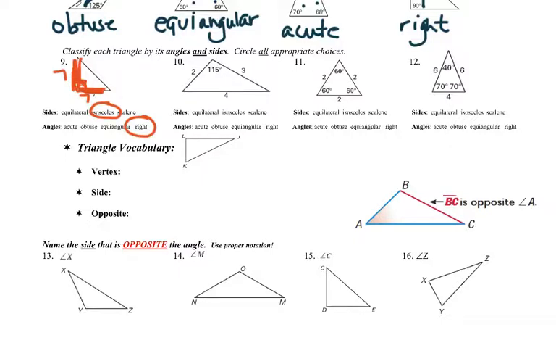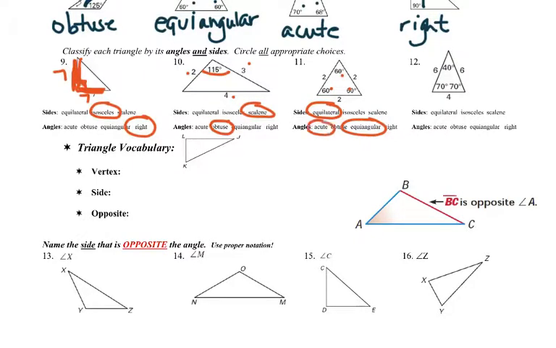In number 10, I see a 115, so that makes it obtuse. And then 2, 3, and 4 are all different, so scalene. So that is a scalene obtuse triangle. What about number 11? Well, 2, 2, 2 is equilateral. 60, 60, 60 is equiangular.